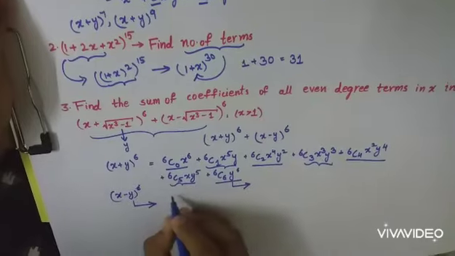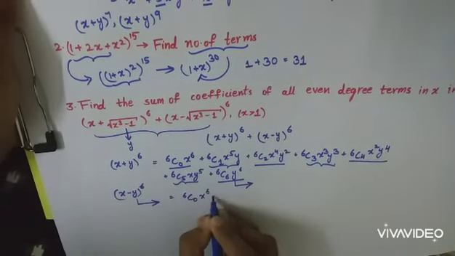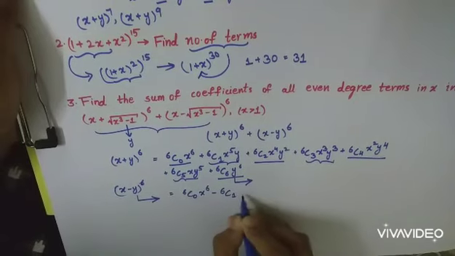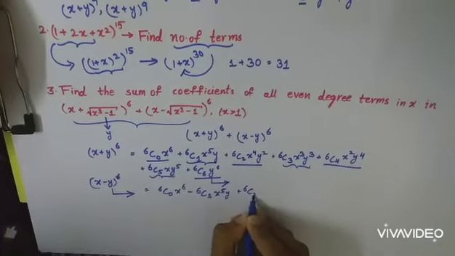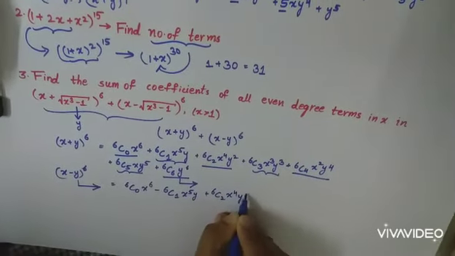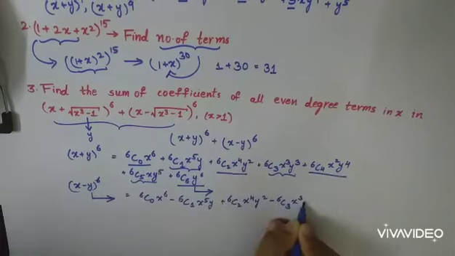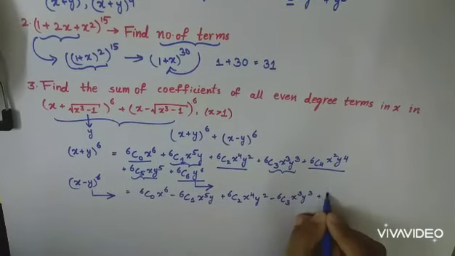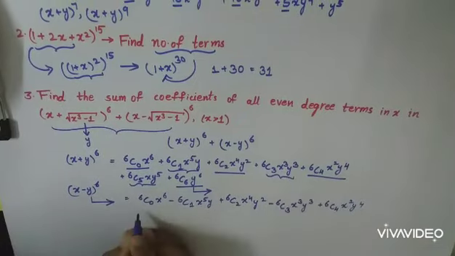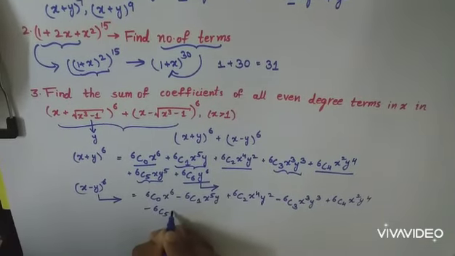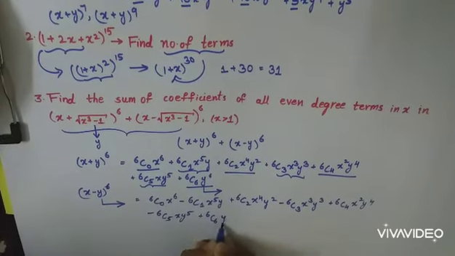So if we expand this, we get 6C0 x^6 − 6C1 x^5 y + 6C2 x^4 y² − 6C3 x³ y³ + 6C4 x² y^4 − 6C5 x y^5 + 6C6 y^6.